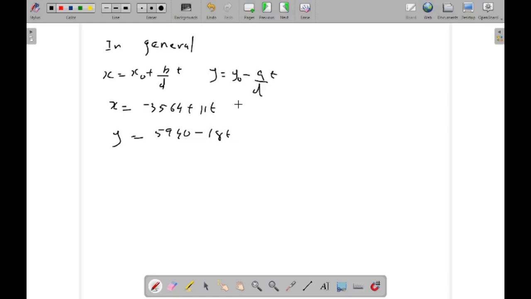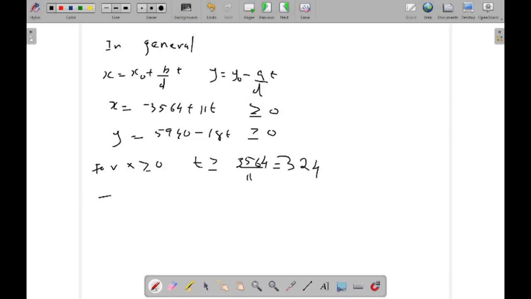Both these values should be greater than or equal to 0. We know x is the number of shirts and y is also the number of shirts, so they should be greater than or equal to 0. For x greater than or equal to 0, this t should be greater than or equal to 3564 divided by 11, which is equal to 324.